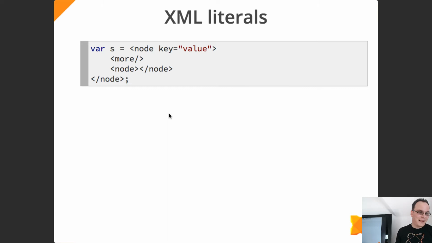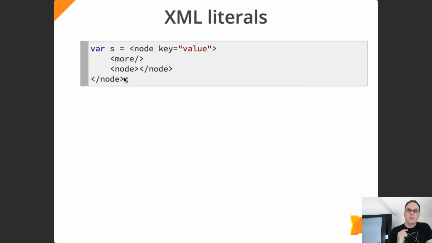So you declare a string by using an angle bracket opening and some identifier, and then that keeps going until you close it. And it also counts if you open another one and close another one. So this from here to here is going to be a string, right?